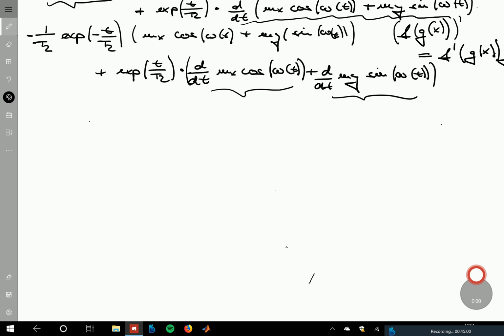The outer function for the first term is the cosine. What's the derivative of the cosine? Minus sine. And then you need to have this at the location of the inner function, which is our omega t function, and you have to multiply it with the derivative of the inner function. And this derivative we actually already computed.